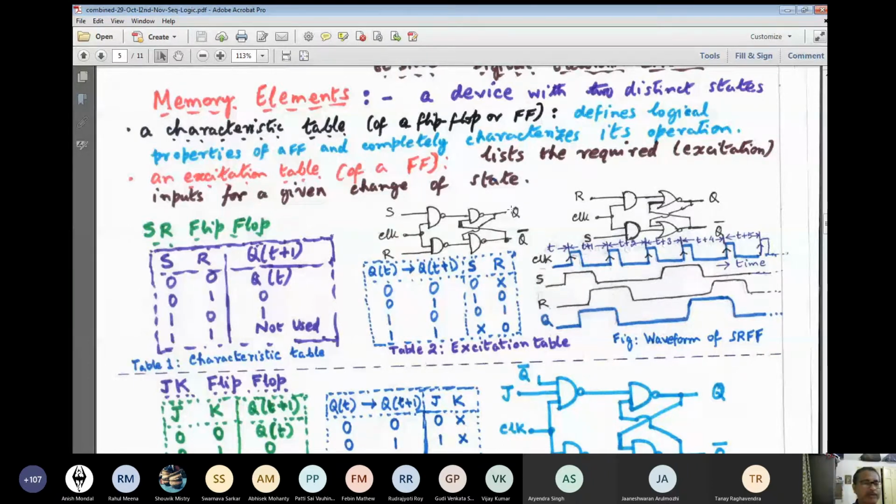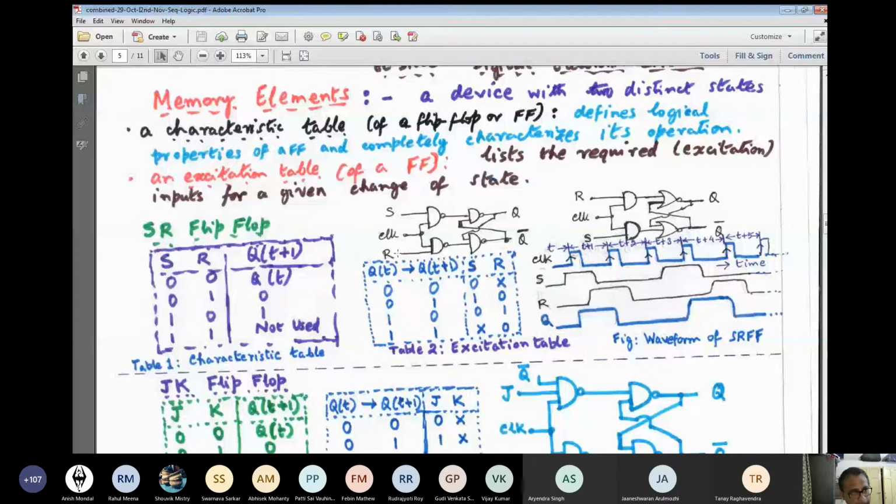But if you allow both of them to go to 1, then Q and Q bar are both at logic 1. Now we cannot say that Q bar is the complement of Q. Also, when S and R fall from 1 to 0, I cannot predict for sure whether Q will return to logic 0 or logic 1.